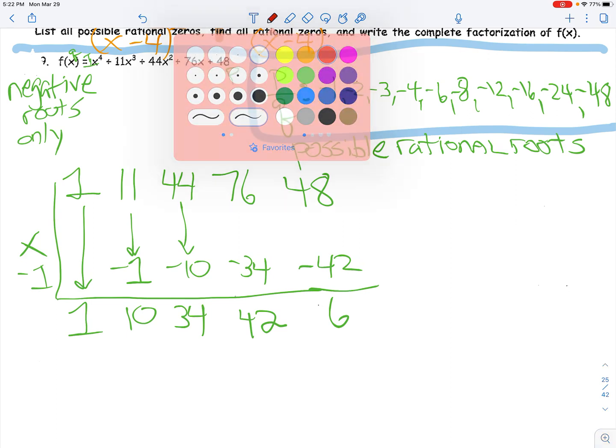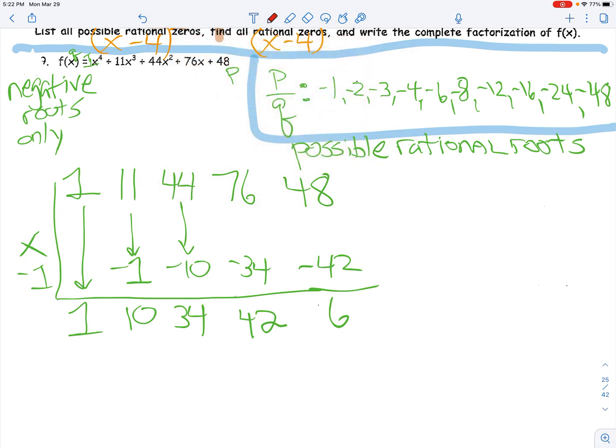All right, I'll try negative 2. I'm probably just going to go in order here. You should get one early on, and I think I said that last time. When I say early on, I mean with one of the first few possible rational roots that you wrote.